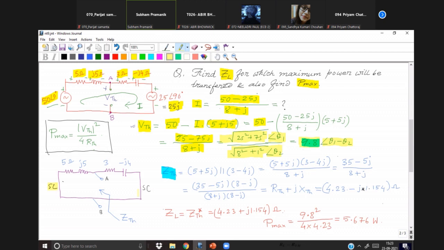Left side voltage source and right side voltage source are both replaced by short circuits. If you look back from the terminals, you will see that 5 plus J5 and 3 minus J4 appear in parallel.